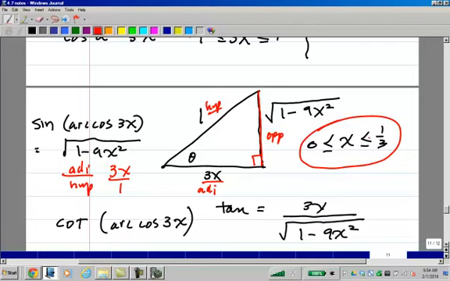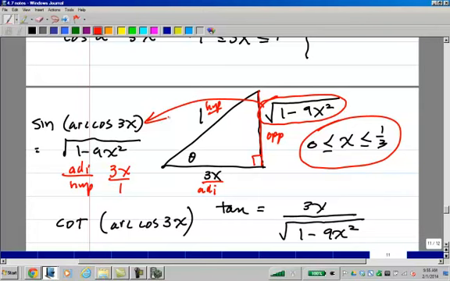All right, so anyway. The sine of this is going to be the square root of 1 minus 9x squared over 1. Okay, so in other words, this is the answer right here. Opposite over hypotenuse, in this case the hypotenuse is 1. Okay.